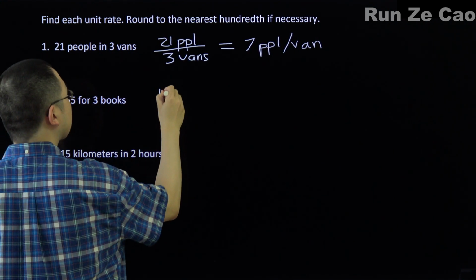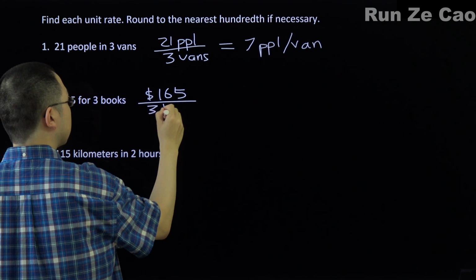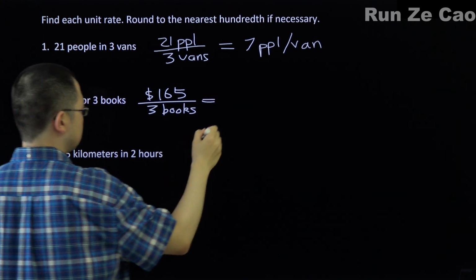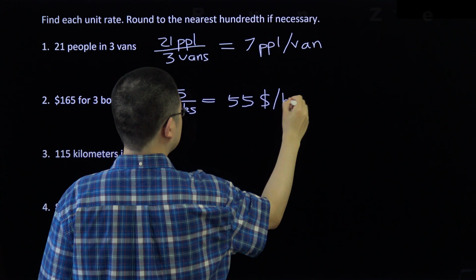Oh, that's $165 over 3 books. That is equal to $55 per book.